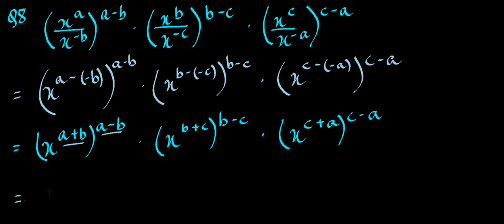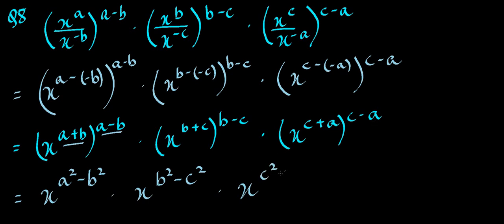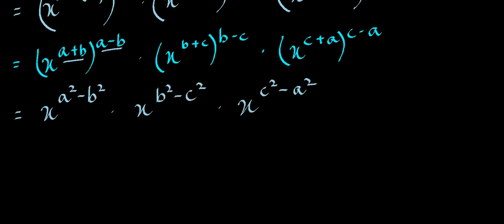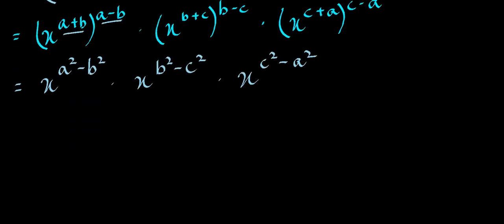We will say that is equal to x raised to a plus b into a minus b, which is a square minus b square, into x raised to b plus c into b minus c, which gives us b square minus c square, into x raised to c plus a into c minus a, which gives me c square minus a square. Now when we have common bases, we add our powers.